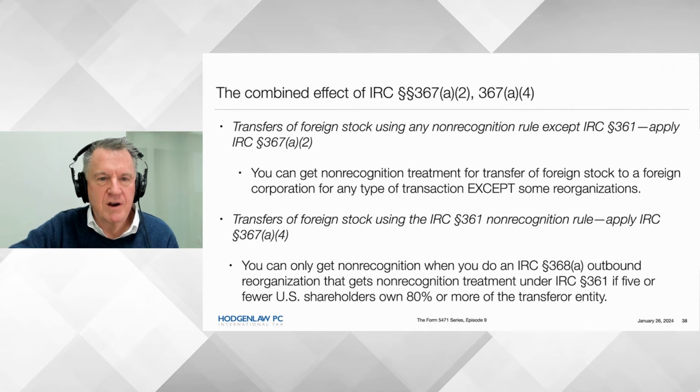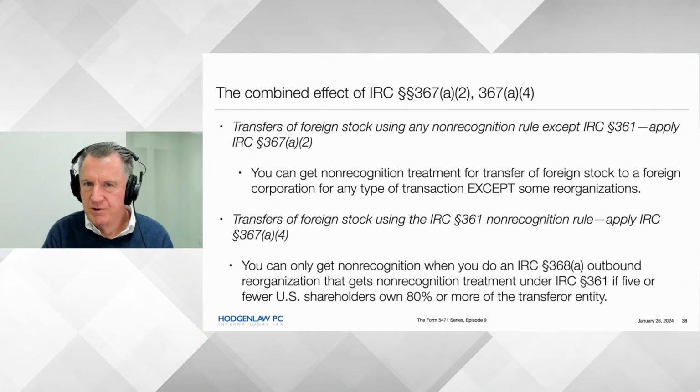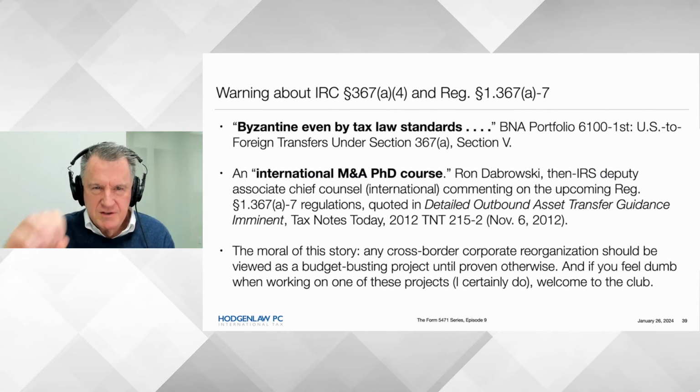The non-recognition for this other one, these 367(a)(4) rules, is only if you look at the transferor and you have a very special kind of case where you have 5 or fewer domestic corporations owning the transferor corporation. And this is all I want to say about 367(a)(4).